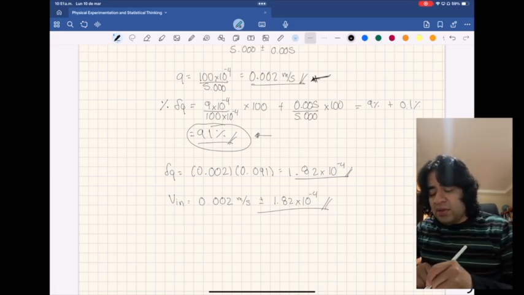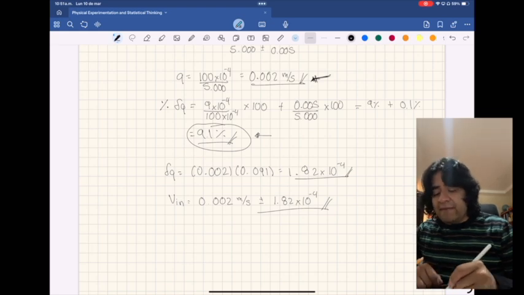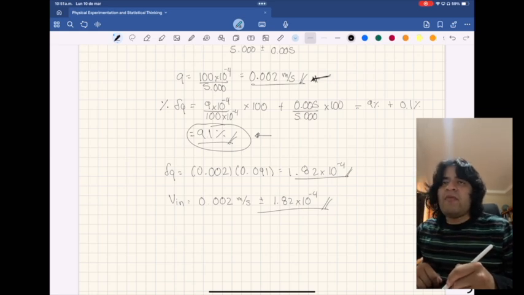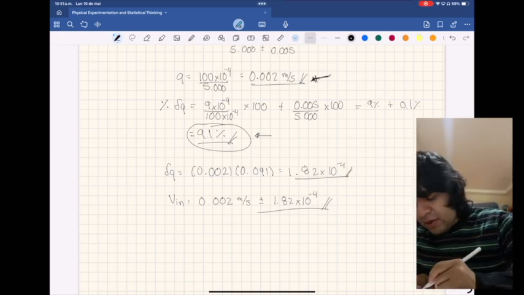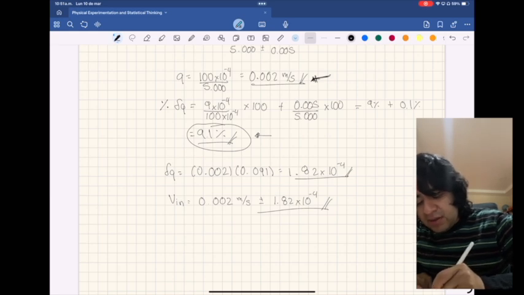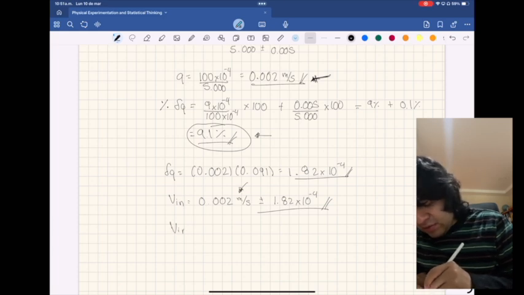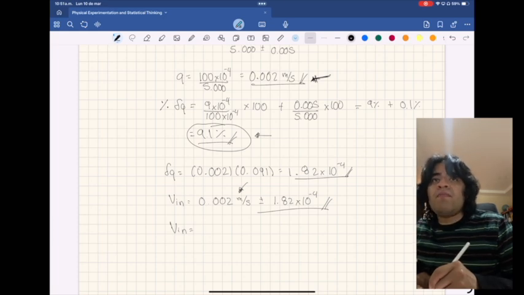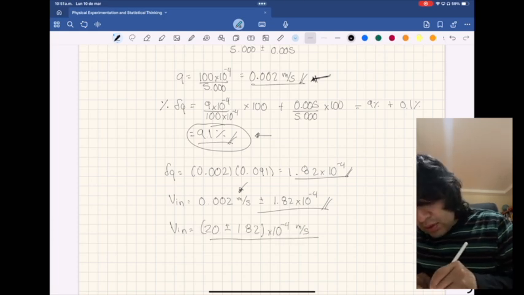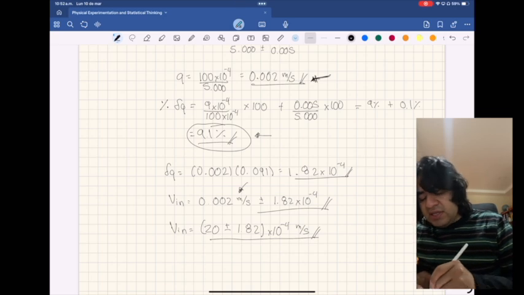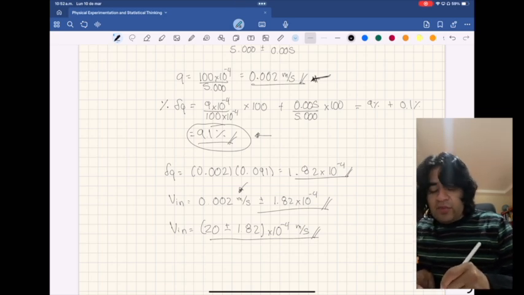We don't round yet because we still have some calculations left, and the rounding is our final step for the problem. We only have to make sure that this power is matching the same order of magnitude in this quantity, so we can rewrite our value as the following. And this is our inlet velocity stated correctly.